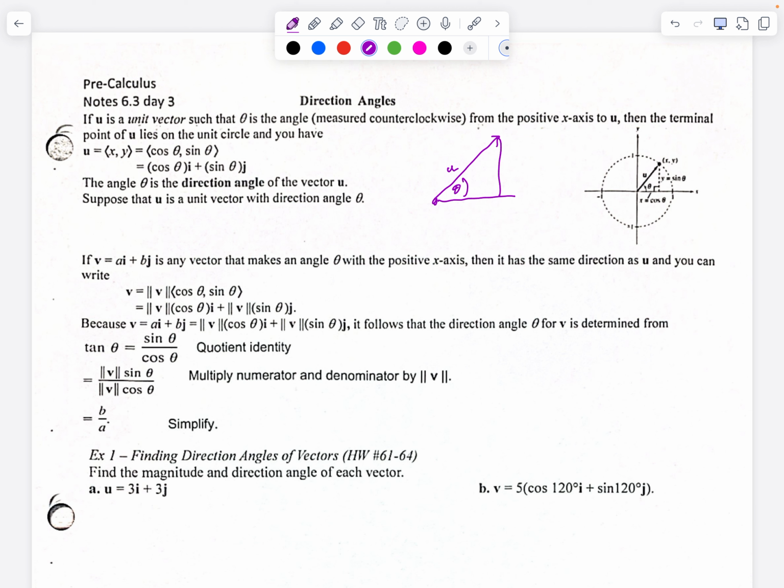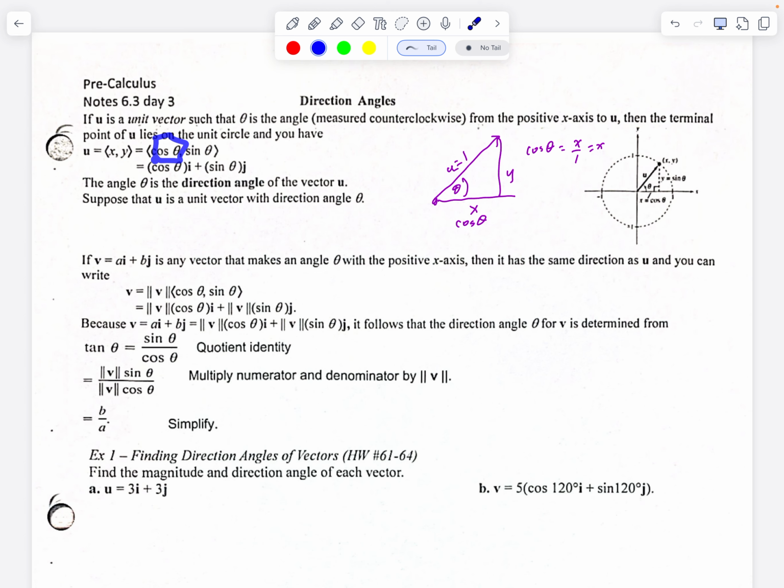since the length of u is equal to 1 because it's a unit vector, the cosine of theta would be x over 1, or just x. So x is equal to the cosine of theta. That horizontal component is cosine theta.